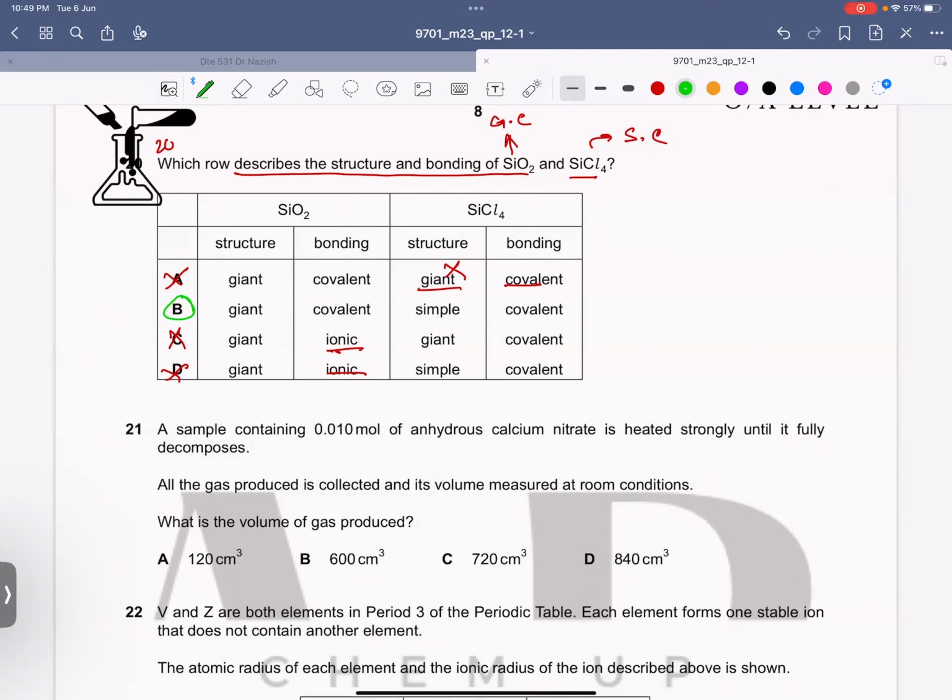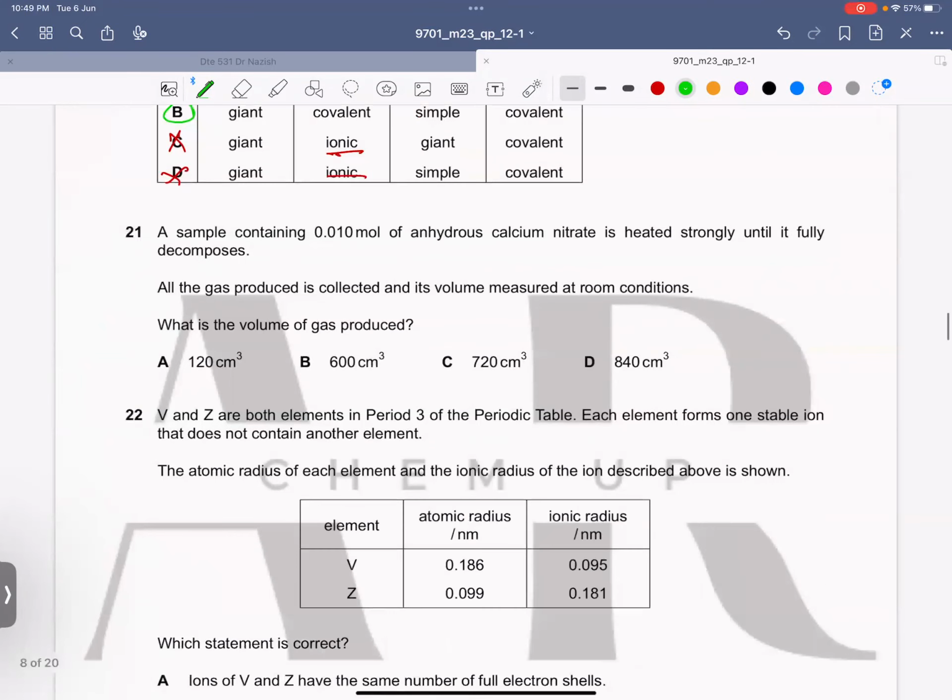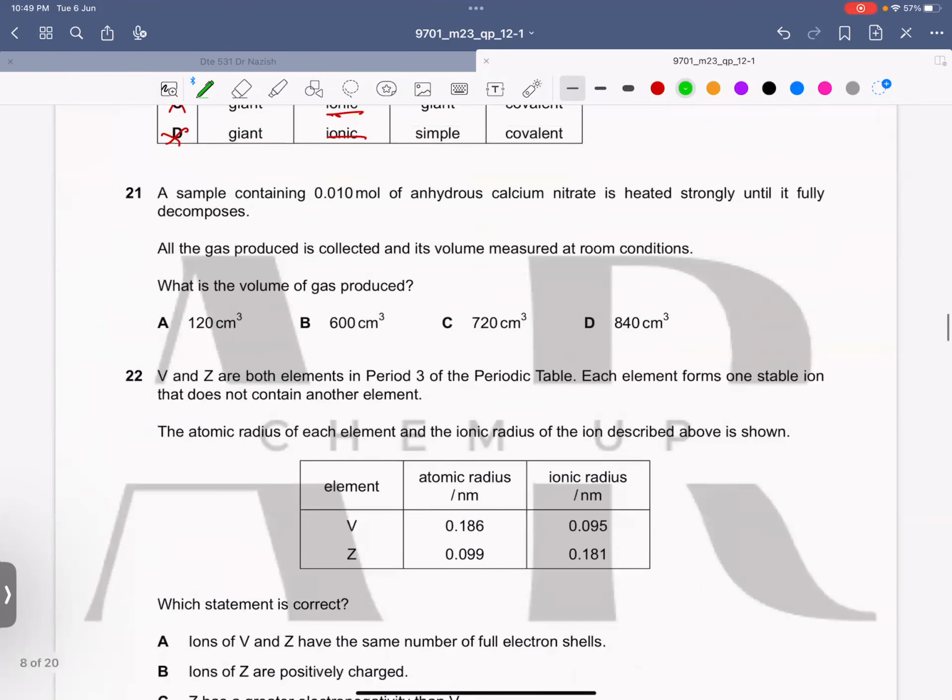Okay. Question number 21. A sample containing 0.01 mole of anhydrous calcium nitrate is heated strongly. Under the following condition, what is the volume of gas produced?